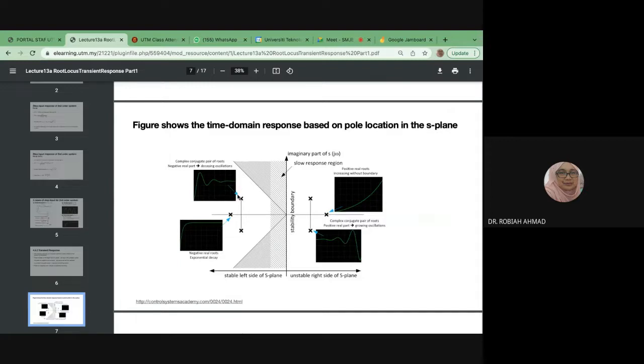So top left ni, this is kita punya poles, which is complex conjugate. So complex conjugate pair of poles, negative real parts, decaying oscillation, they oscillate and then settle. And kalau negative real poles, exponential decay, and then kalau dia positive real poles, increasing without boundary, and then kalau complex conjugate pair of poles, positive real parts, so growing oscillation. So these are the characteristics.